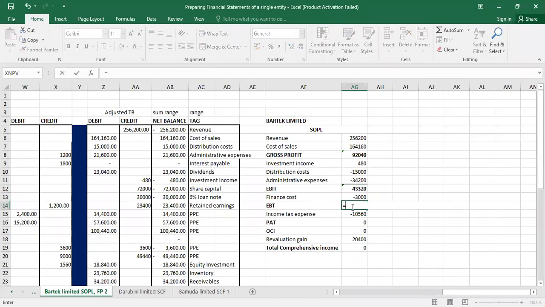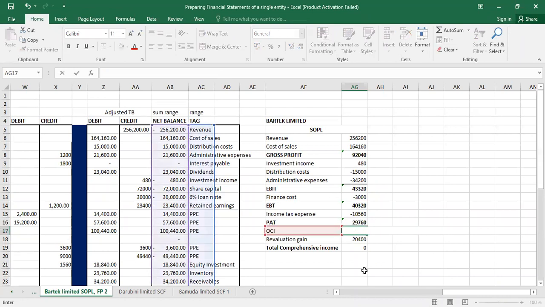Then finance cost equals, you can do directly this one here, plus, because the finance cost is in negative. Control bold. Here equals here plus the income tax expense. Then this one is control bold.